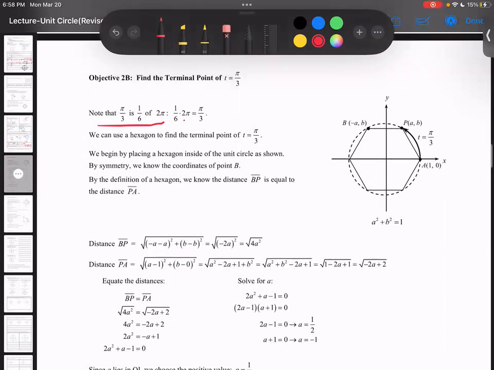Now, on the picture on the right, they use the hexagon to find the terminal point of t equal pi over 3 by dividing the unit circle into 6 equal parts.